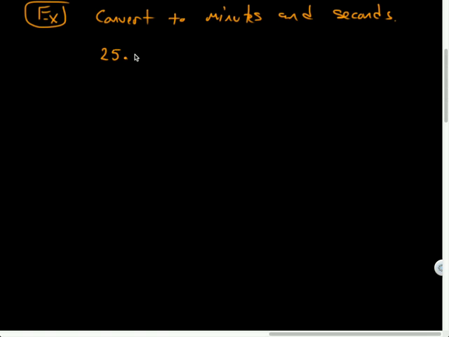So what if I have 25.17 degrees, and I want to figure out what that is in degrees, minutes, seconds? Well, this is what I would do. I would take 25 degrees, and I know that 0.17 divided by 60 will become minutes.